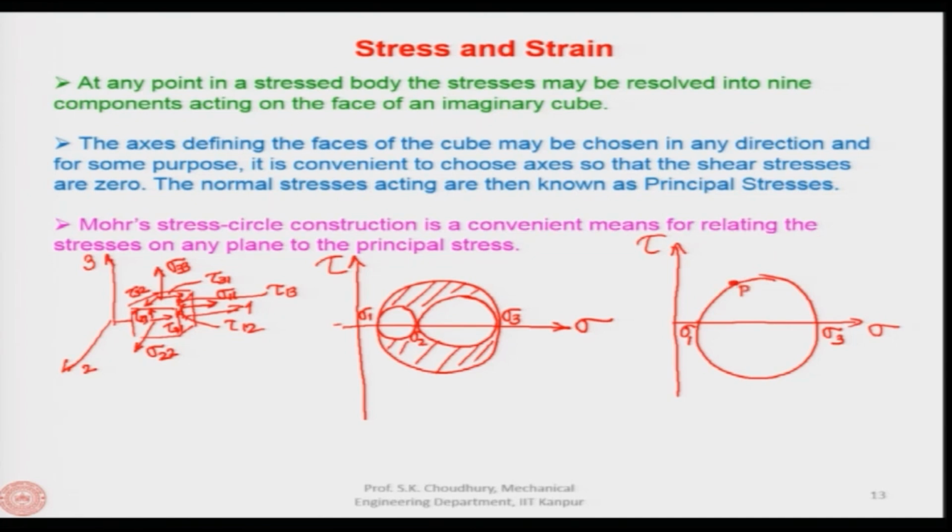So, this is let us say B point, okay, and here it will be inside this. So, this is the point B, and this will define the sigma B, and this will be defined as the tau B. Okay. So, this is the point which will be on the Mohr circle, and this is defining the stress on a surface, and this is the 2 dimensional, this is the 3 dimensional case.